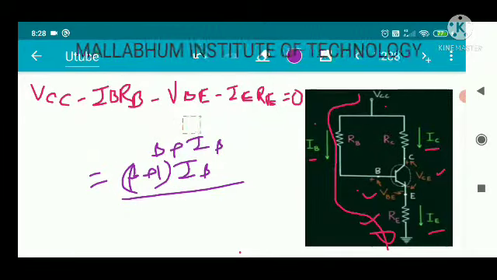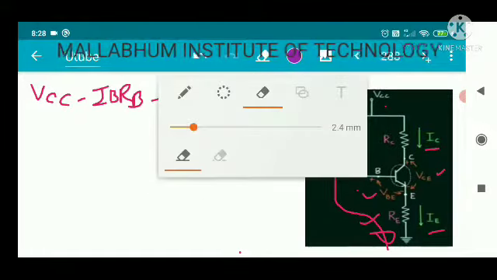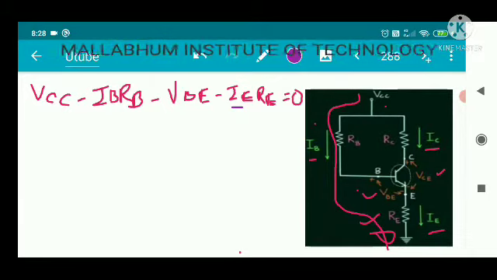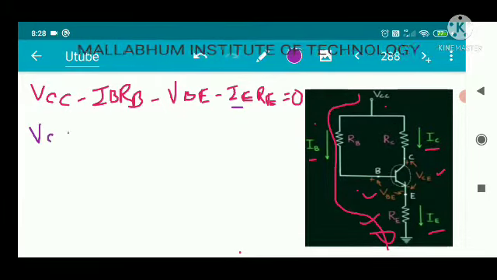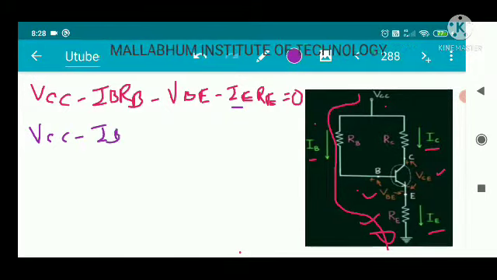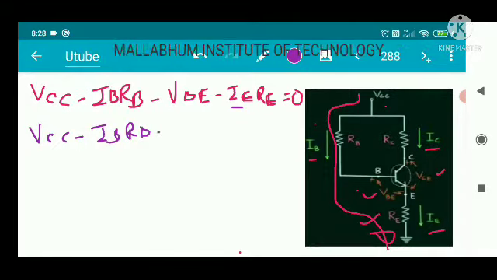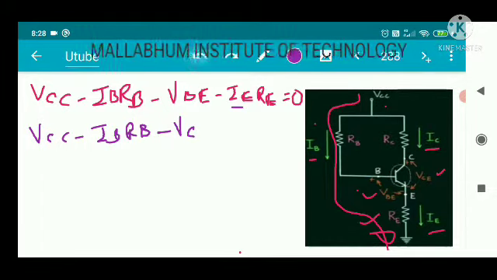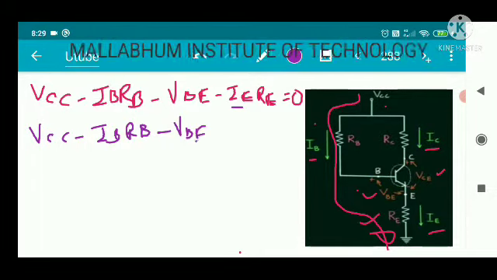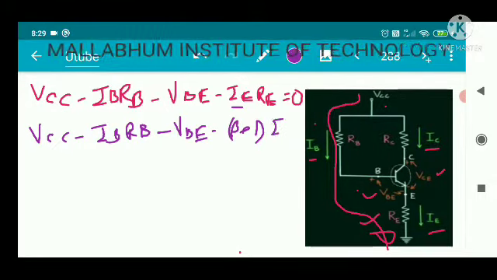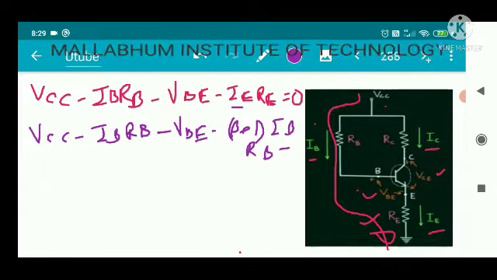So if you replace IE equal to beta plus 1 IB, then VCC minus IBRB minus VBE minus beta plus 1 IB into RE is equal to 0.